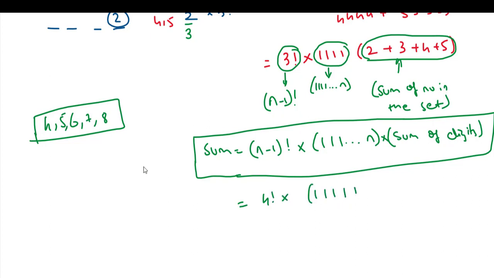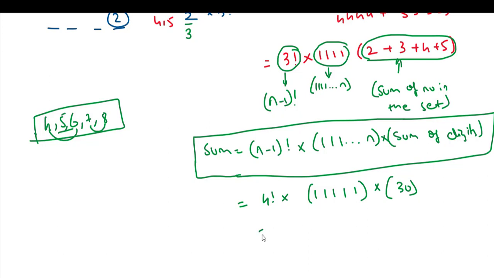It will be as many times as the number of numbers there are in the set, which is 5. So this will become 11,111 into the sum of all the digits in the set, which will be 10 plus 15, 25 plus 5, 30.